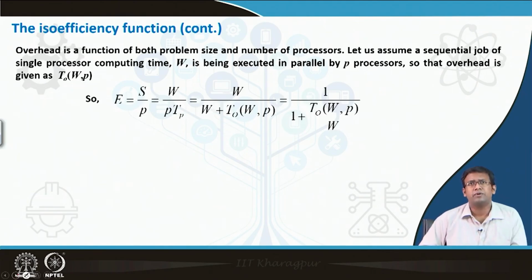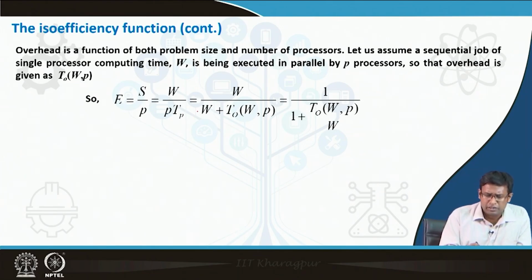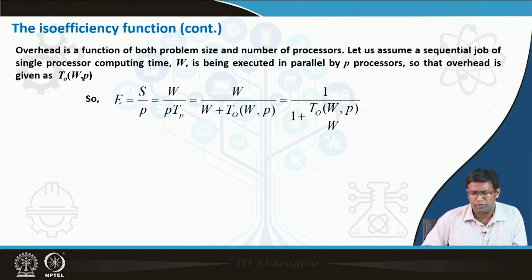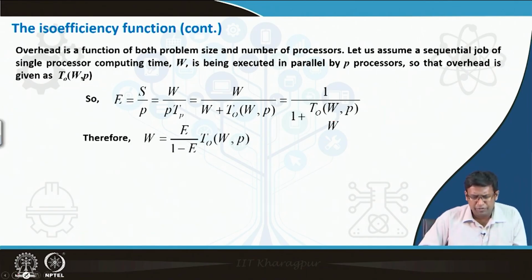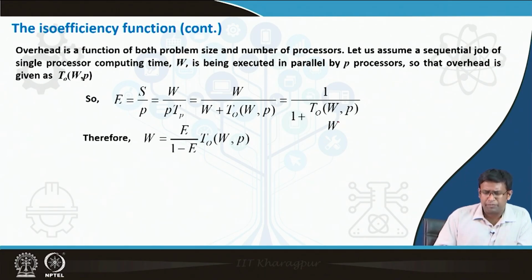So, efficiency is equal to S by P or W by P TP, where P TP is the cost, which is sequential computing time plus overhead. So, efficiency is 1 by 1 plus T0(W, P) divided by W, if we divide both sides by W. Therefore, the sequential computing time W can be written as E by 1 minus E times T0(W, P), by simple manipulation.